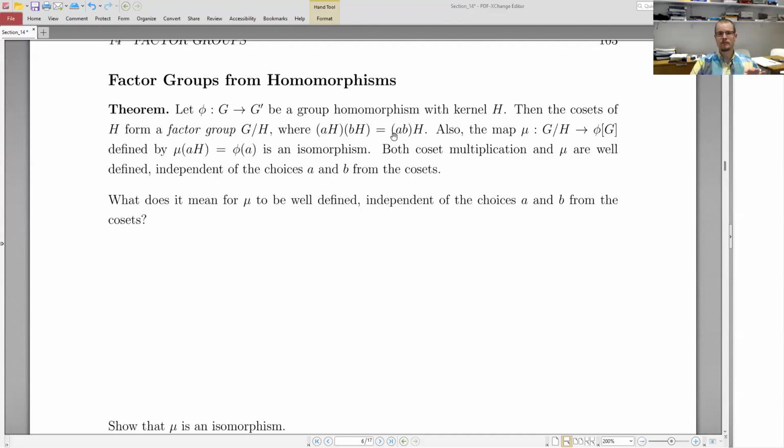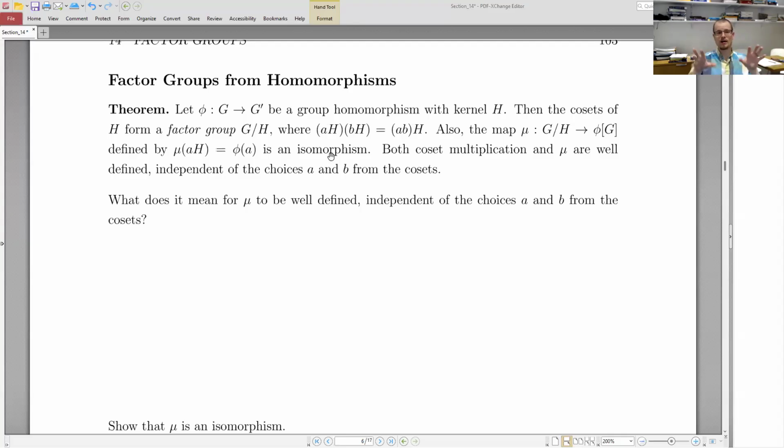Also, the map mu from G mod H into phi of G, defined by mu of AH equals phi of A, is an isomorphism. Now, this is actually a mapping that we had considered in a previous discussion on cosets. I didn't give it the name mu, but I essentially created this isomorphism from the cosets to images.